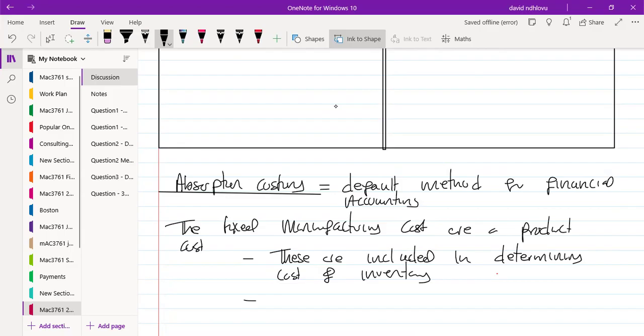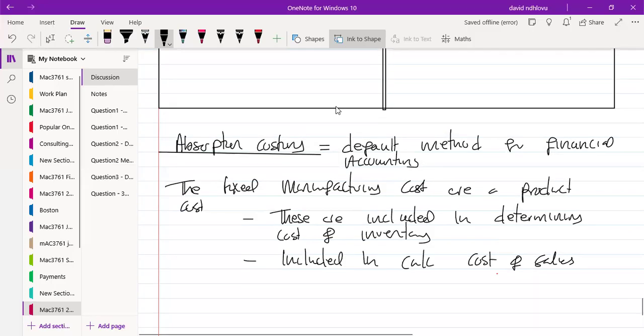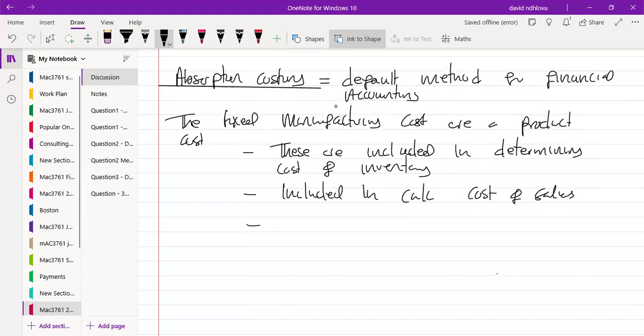These are included in calculating what we call cost of sales. And by virtue of inclusion in cost of sales, these affect the calculation of gross profit.